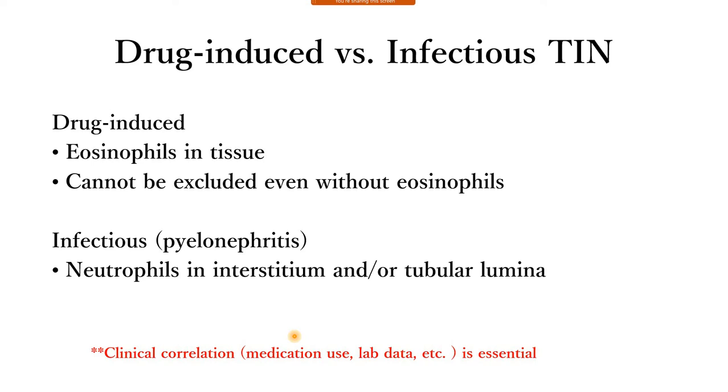Also, we do not see eosinophilia in the blood. That means drug-induced TIN cannot be excluded even without eosinophils in tissue. In an infectious process like pyelonephritis, we often see neutrophils in the interstitium and tubular lumina. That's why clinical correlation, like medication use and lab data, is very essential.